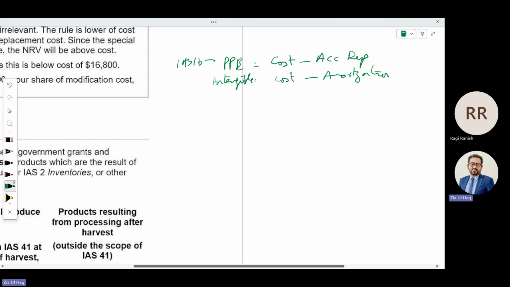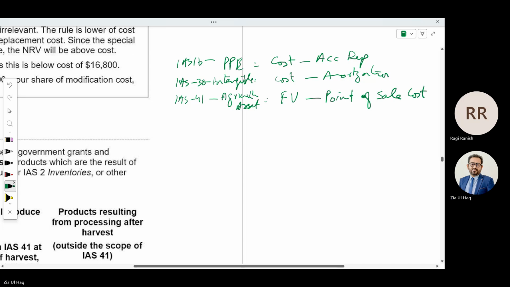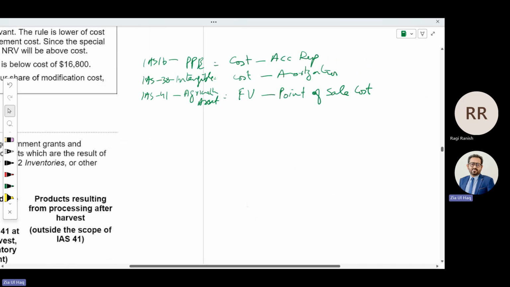That is IAS 16 and IAS 38. IAS 41 is about agricultural assets. How do we measure agricultural assets? At fair value less point of sale cost.